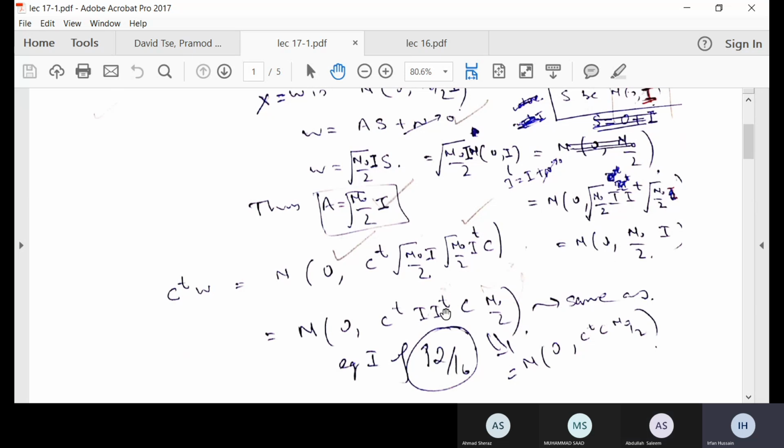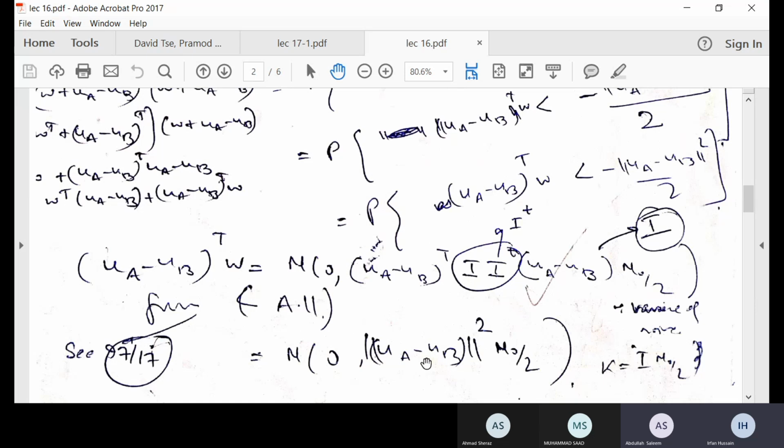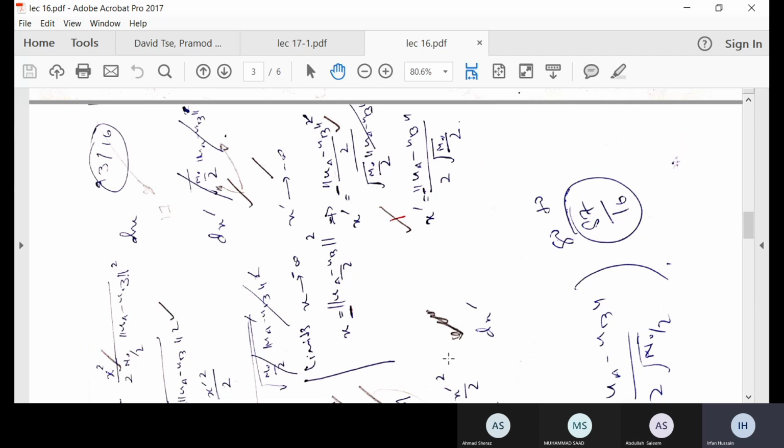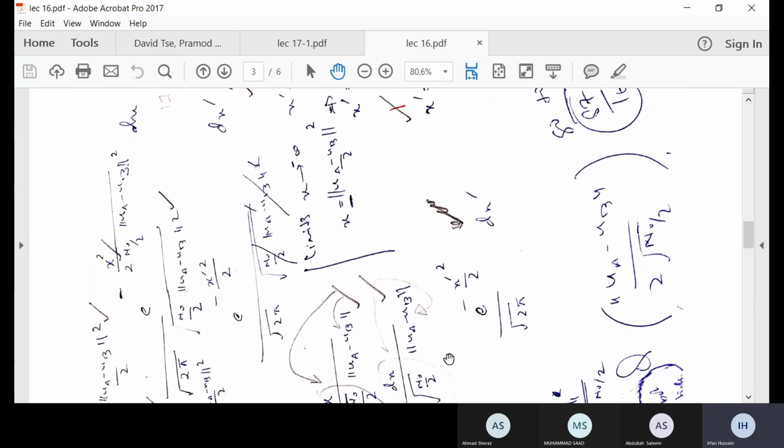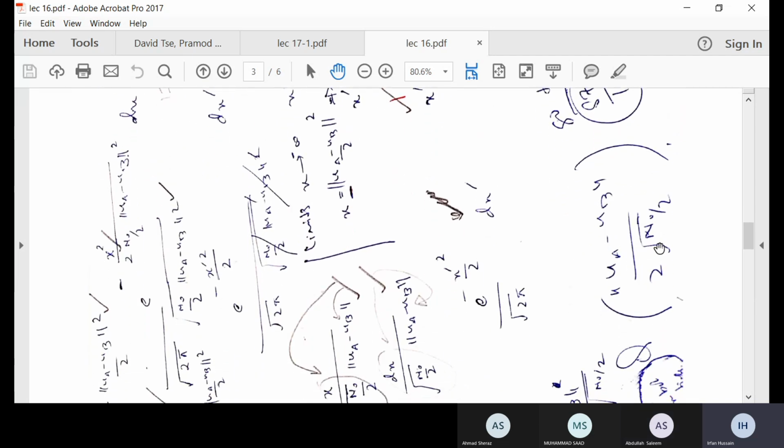I I transpose is simply I. C transpose C, you can go back here, is UA minus UB, hence this is proven. Once this is proven, then this proof we have already seen, that you can write the error in detecting UA or UB vector as a Q function of this factor.